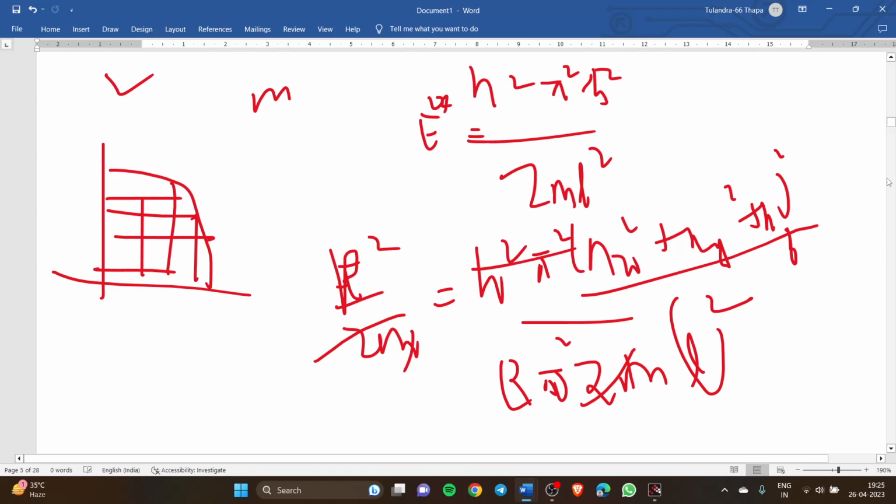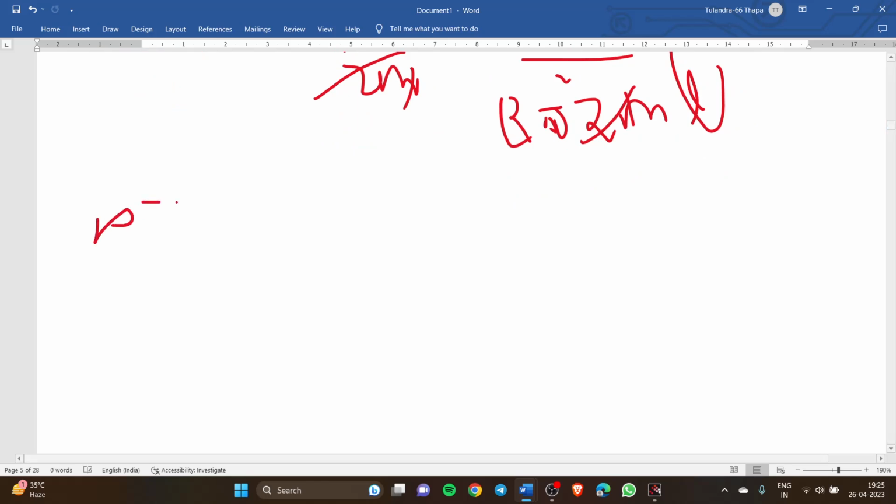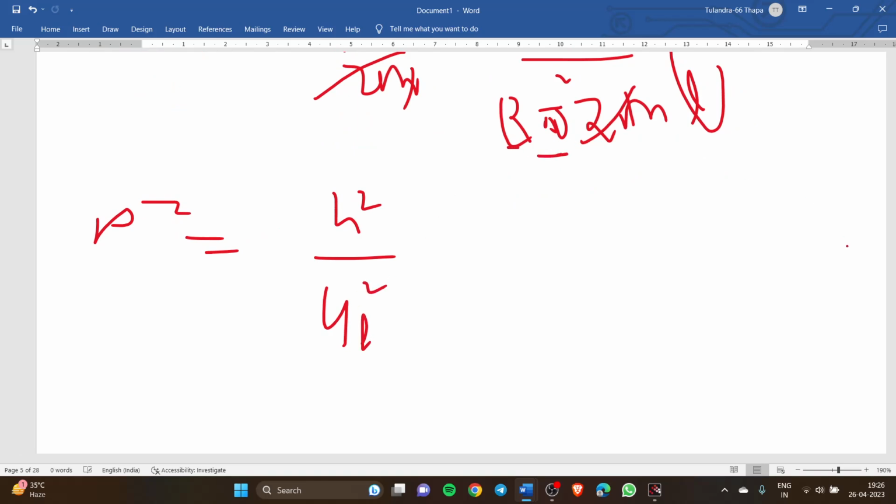So we have the equation p² equal to h²/(4L²) times (nx² plus ny² plus nz²). From here 4 comes, and π² is cancelled from above.